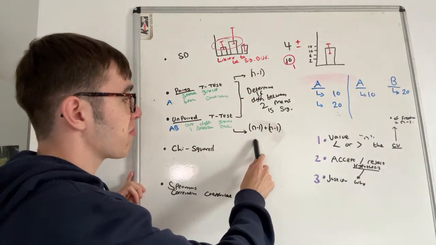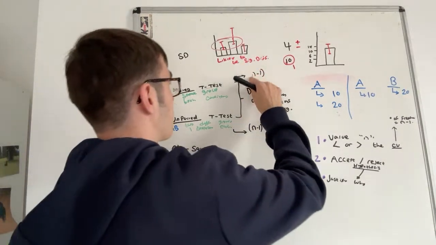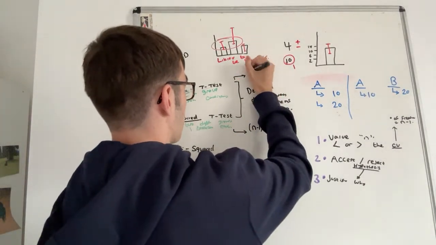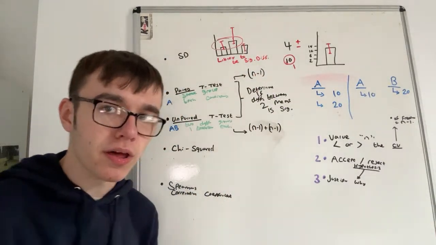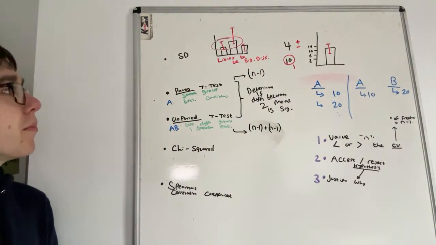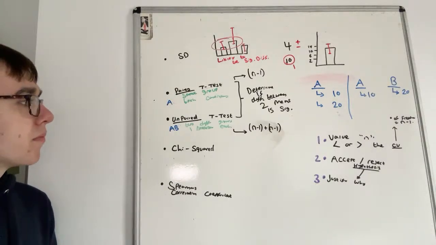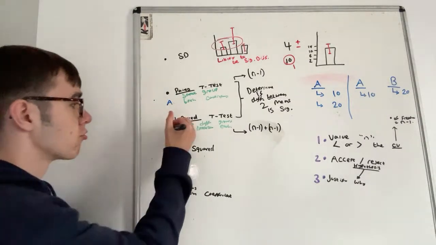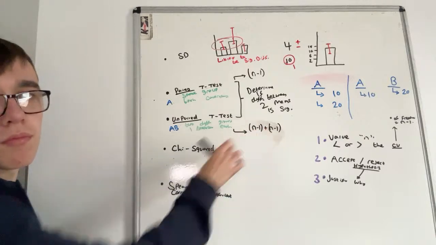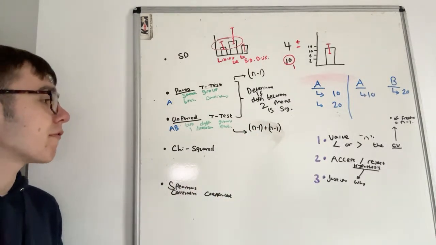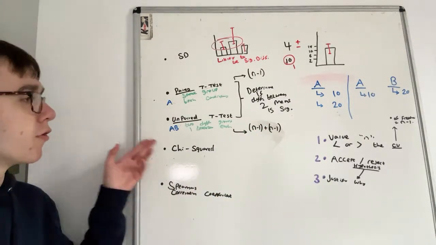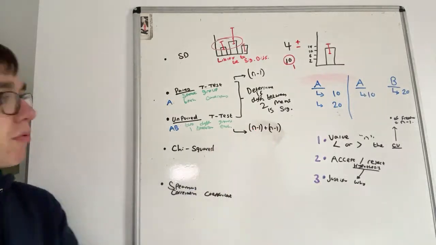It is n minus 1 plus n minus 1, because it's two separate groups. That, I feel like, could make people lose a ton of marks. That's evil. So, for unpaired, it's two groups, which means doing it twice. I think that's easy enough to remember. Two groups, doing n minus 1 twice.